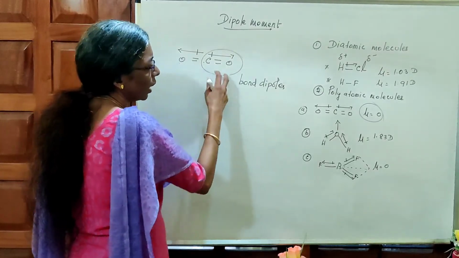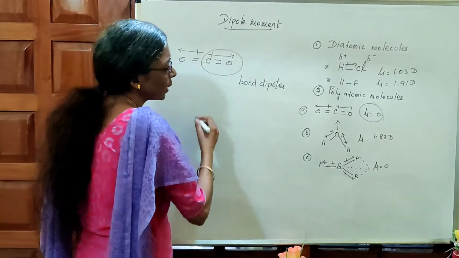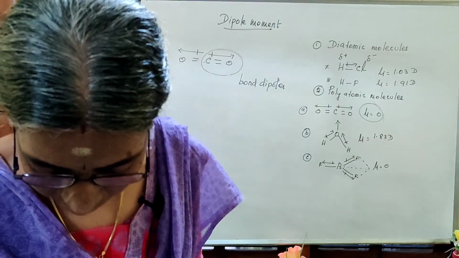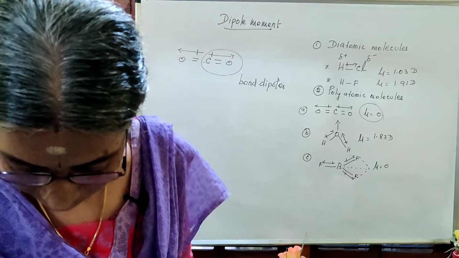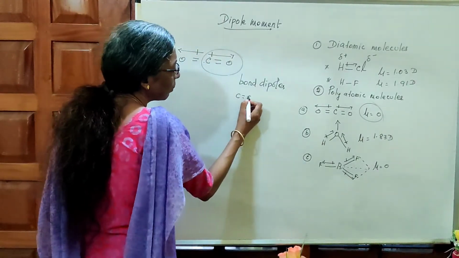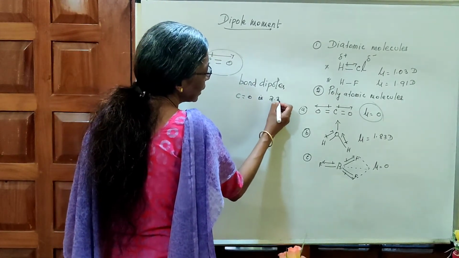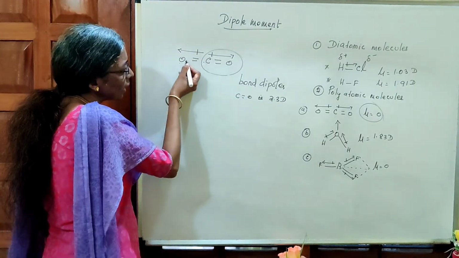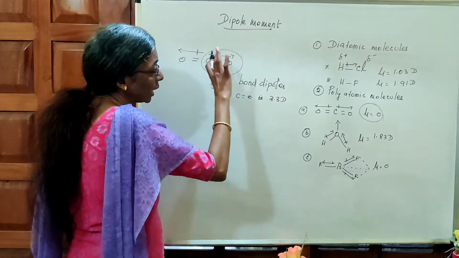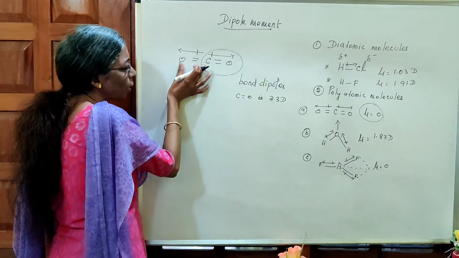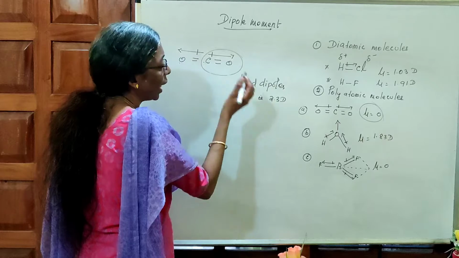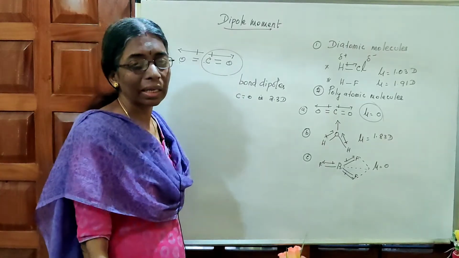The bond dipole of C double bond O is 2.3 D, something like that. This C double bond O is 2.3 D, and this other C double bond O is also 2.3 D. Both are equal because both atoms are the same, so both bond dipoles are equal and opposite, because the molecule is linear in shape.